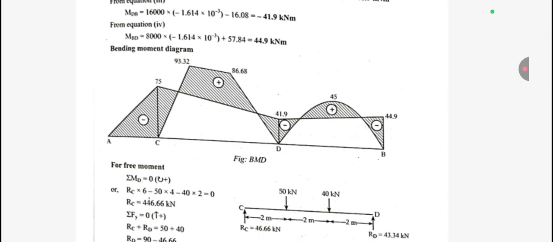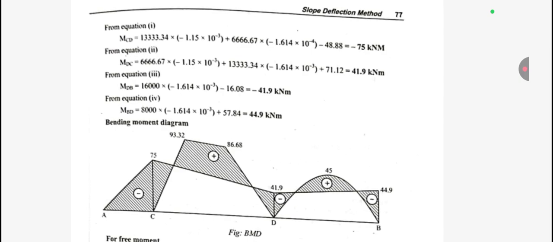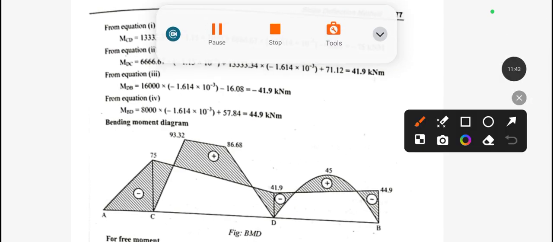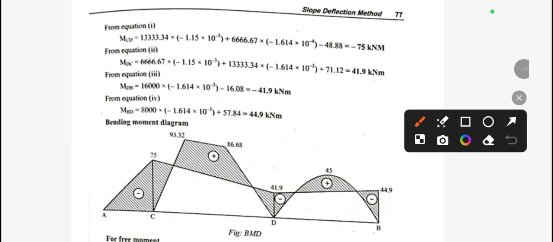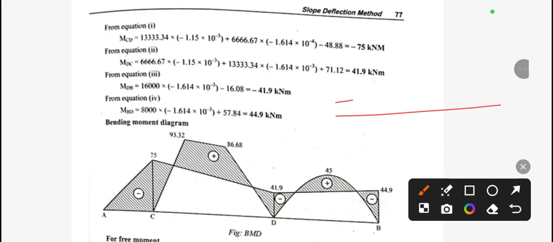Now for the moment distribution table, not to worry, we just need to put all the values, and we always have to take the sign convention, minus plus. If you are looking from left to right and the value is negative, then it will be above the beam, the position of the beam.